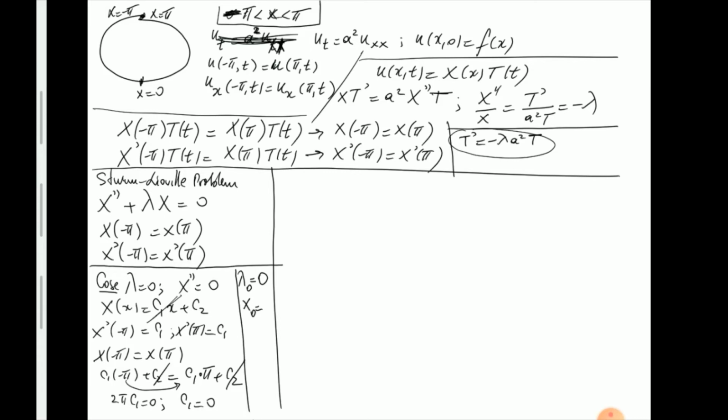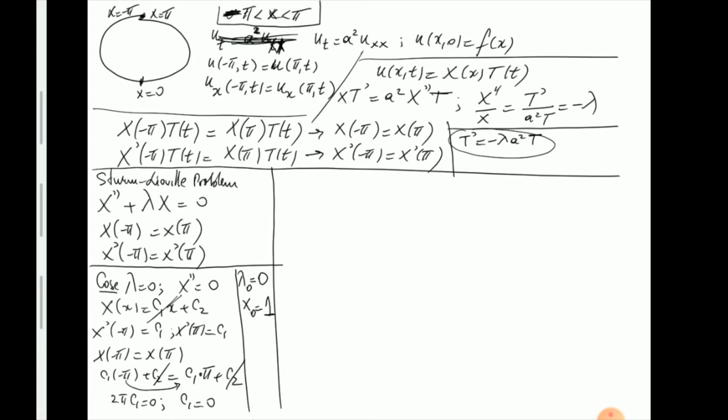It can be any constant. Remember, for simplicity, just take that constant to be 1. Any non-zero constant will do as an eigenfunction. You can take it 1 because you're going to have a linear combination of these functions when we do the superposition principle. So lambda equals 0 is an eigenvalue, which corresponds to X naught equals 1, or any constant for that matter, for the eigenfunction.